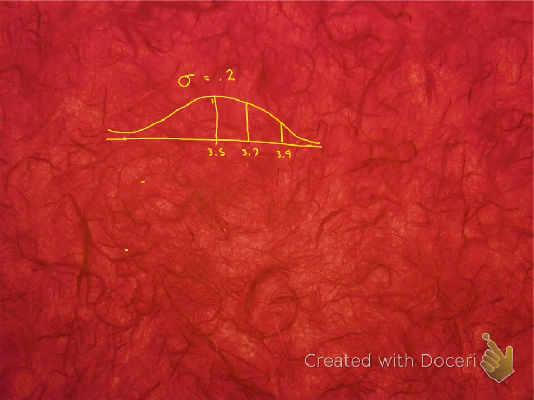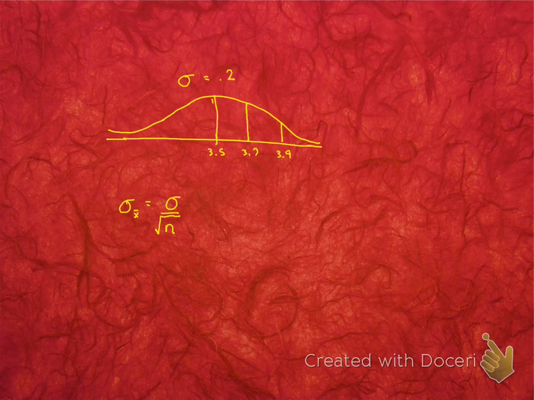If we were to do that for the sample, the formula for the sample to find the standard deviation is to take the standard deviation from the population and divide it by the square root of n. Okay? So our standard deviation is 0.2. The mean is still 3.5, but we've got random samples of size 16.